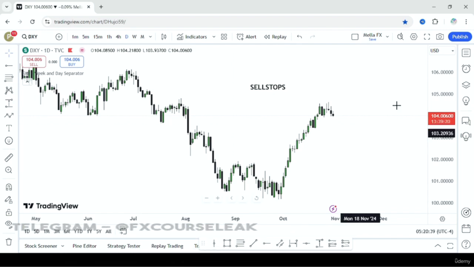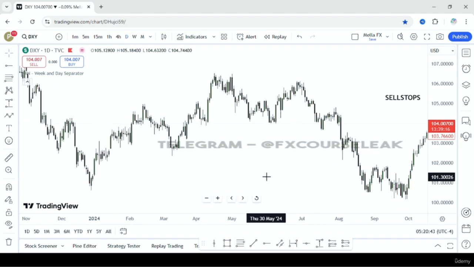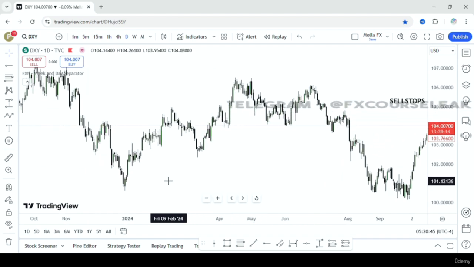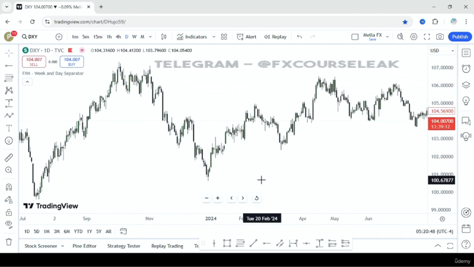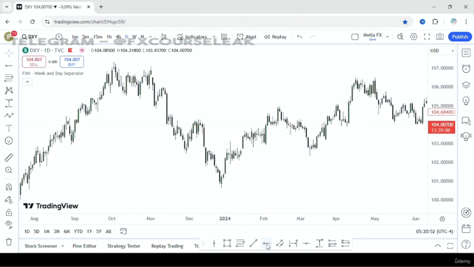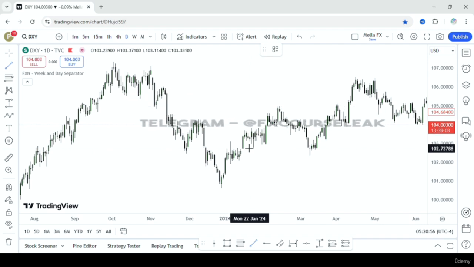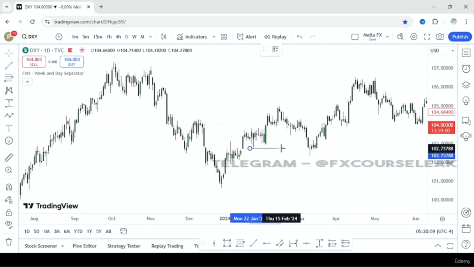So when we look at this example of the daily chart, let me show this example here. When we look at this instance, we can see that there was a form of relative equal lows at this point.